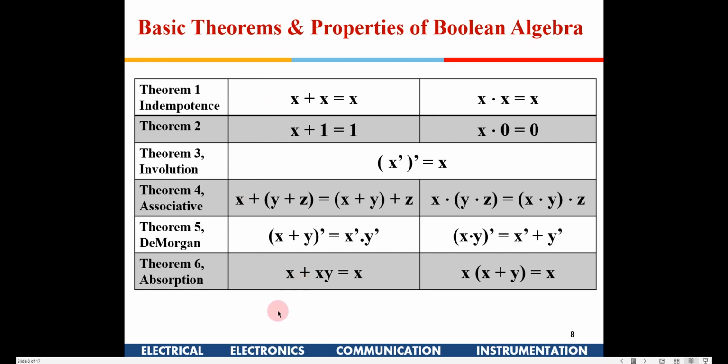With this, we will be in a position to undertake all kinds of Boolean expression simplifications. The first theorem is idempotence, which says x OR x is equal to x, and x AND x is equal to x. So this is well understood, right? Similarly, x OR 1 is 1, and x AND 0 is equal to 0.